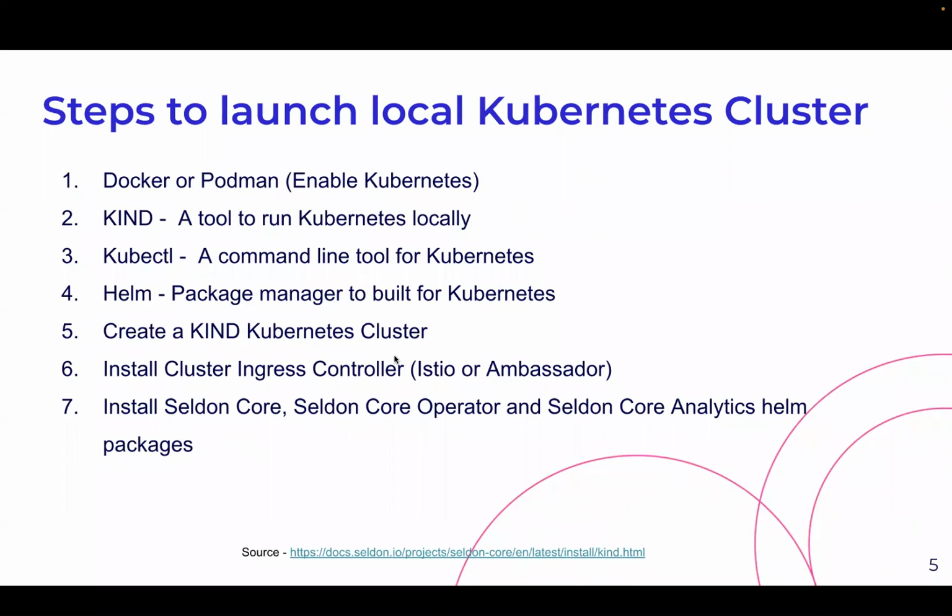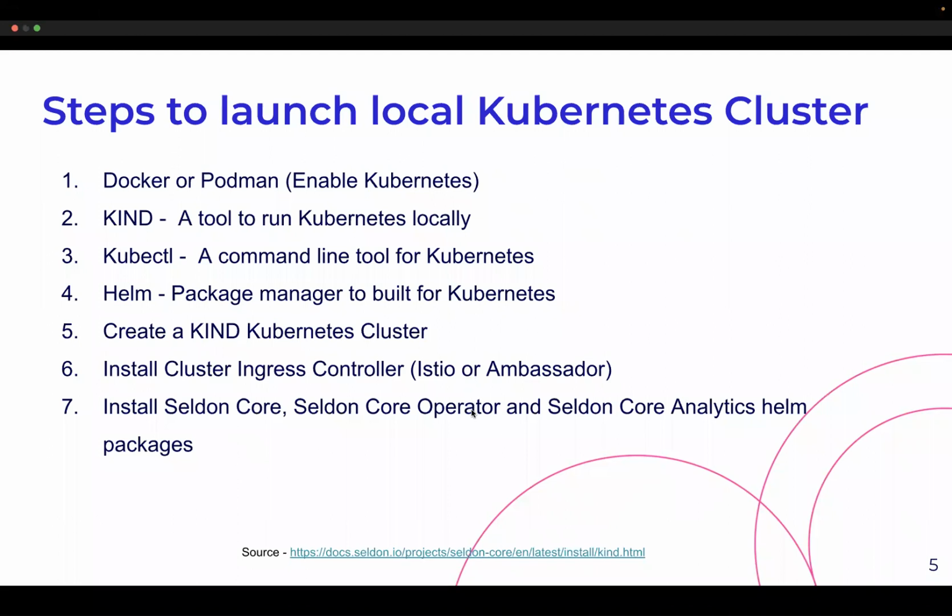Okay. And apart from that, once you spin up the Kubernetes cluster, if we need to install these particular dependencies, that is the ingress controller. Basically, there are 2 controllers, that is Istio service mesh or Ambassador. These ingress controllers are very important because whenever requests are hitting the cluster, it is not safe enough to directly send those requests inside the cluster.